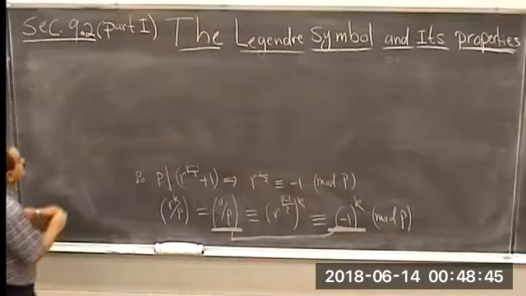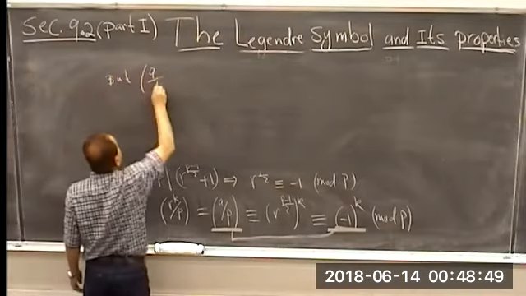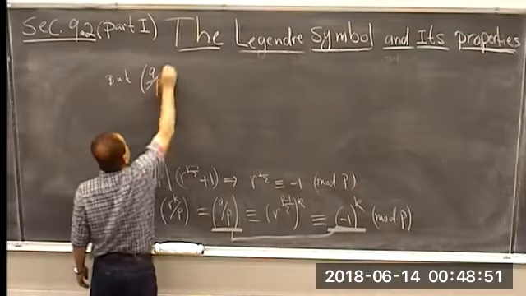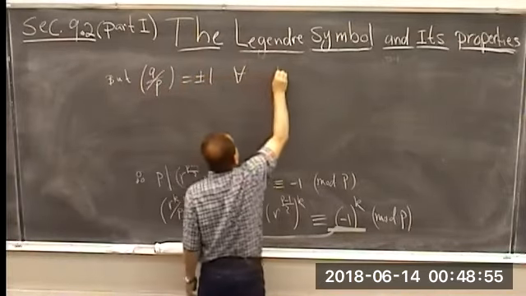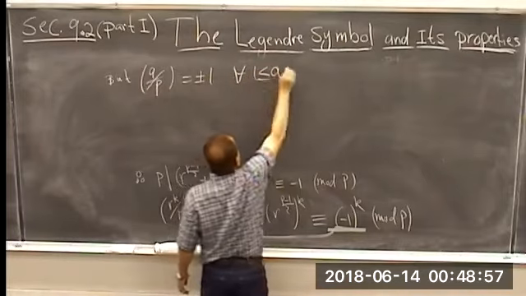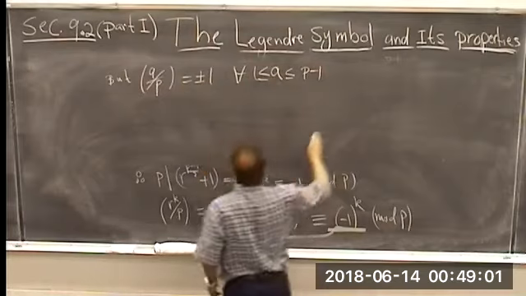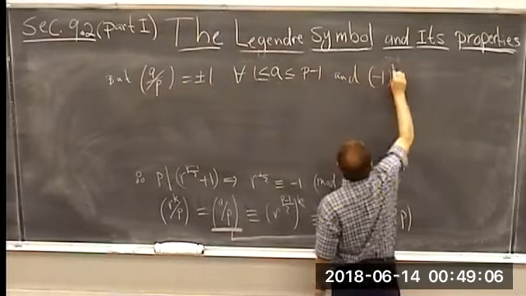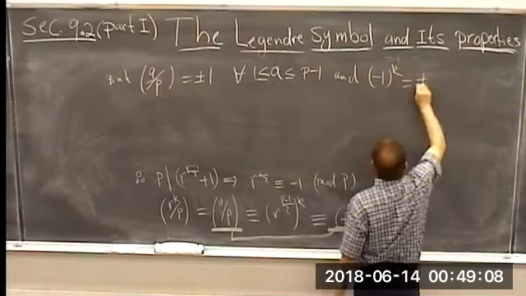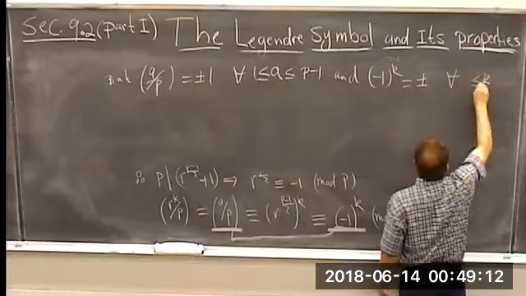A over P is equal to plus or minus 1 for every A between 1 and P minus 1, and the same thing with negative 1 to the K, for the same values.